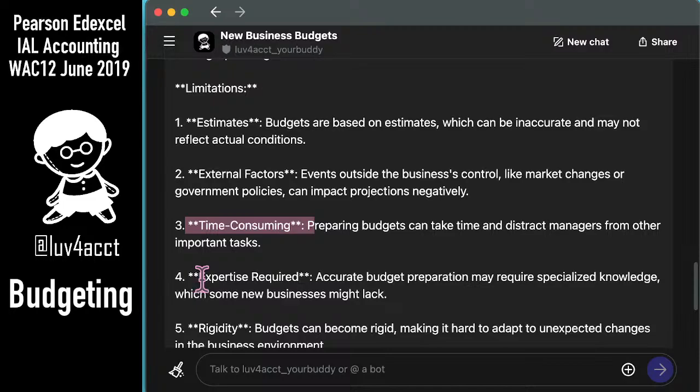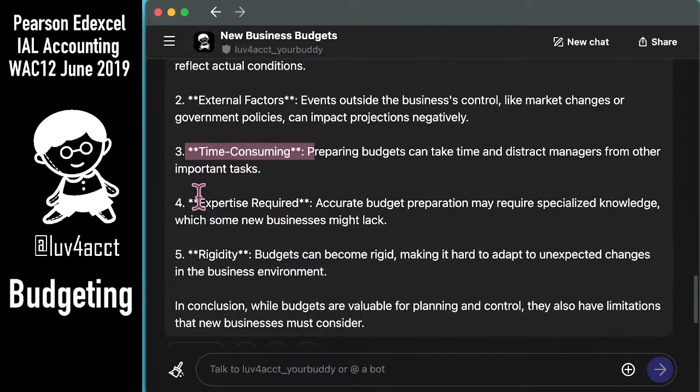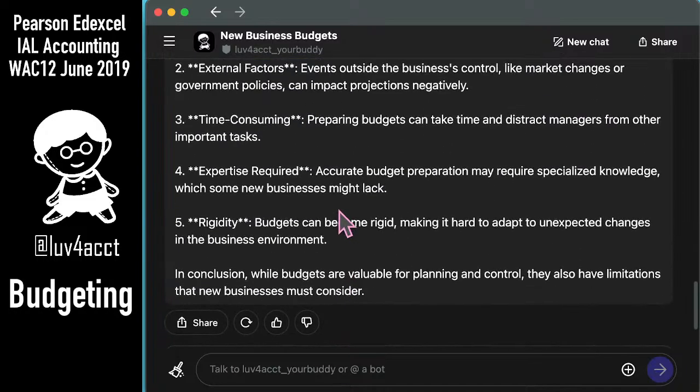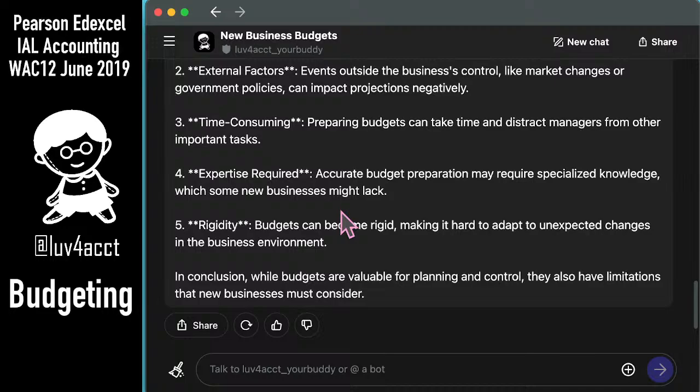So it requires expertise. Sometimes it can be rigid. And you have to add the 2 points that I have just given to you, because at the start of any business, liquidity is important, and also because it is a new startup, you don't have any historical data to refer to.